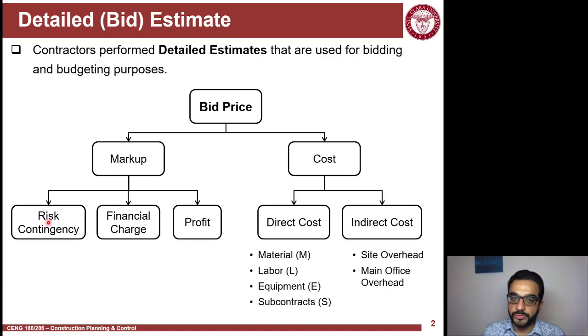Markup equals contingency plus financial charge plus, of course, profit. Cost includes direct cost and indirect cost. Direct cost is any cost that you can directly assign to one of the activities in your WBS, or work breakdown structure.